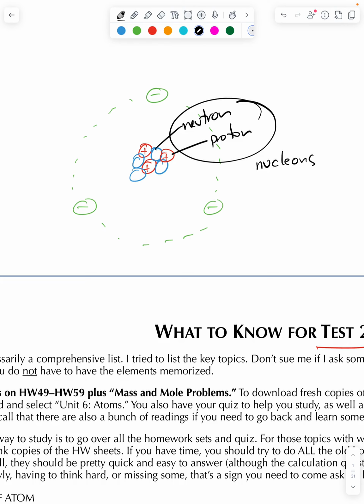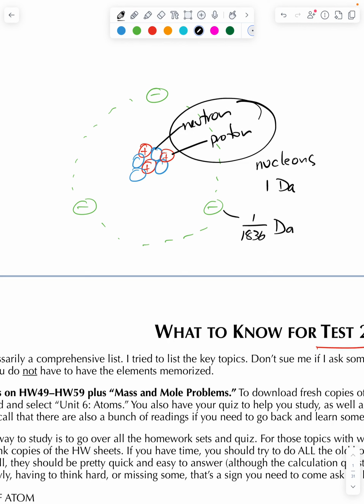They have about the same mass. They're about 1 Dalton each. Slightly different, but basically 1 Dalton each. And then the electrons are really small. I'm trying to remember the exact mass. I think it's like 1/1836 of a Dalton or something like that, but it's basically negligible.